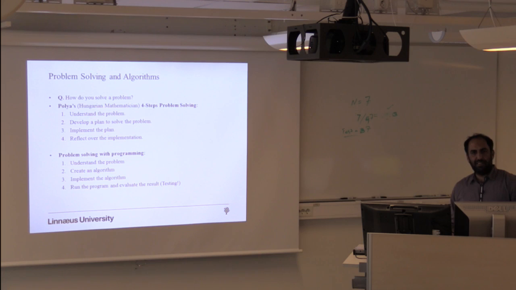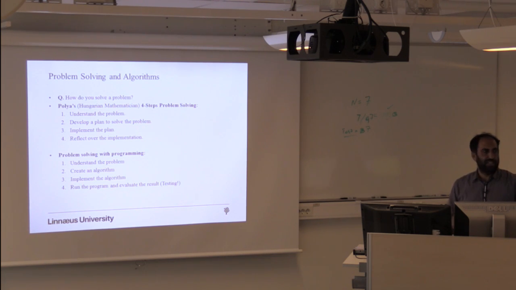Once you have understood the problem, you can proceed with the second step, as you said, writing down some steps. So devise a plan. The planning is more like an algorithm, so you write your algorithm or plan to solve the problem. Once you have a plan, you go on to implementation.